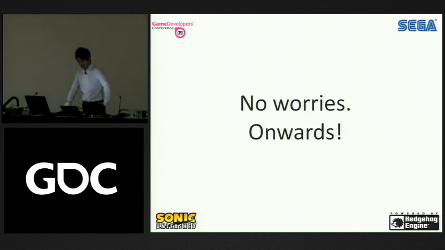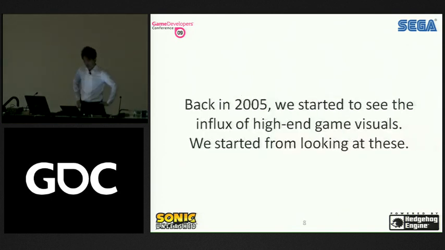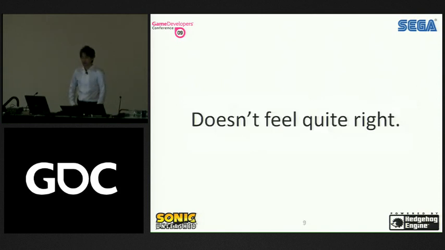At that time when I talked about that, the artists didn't get it. They didn't think that we could do it, but I thought, don't worry about it and just do it. Back in 2005, we could access high-end game platforms such as the PS3 and the 360.